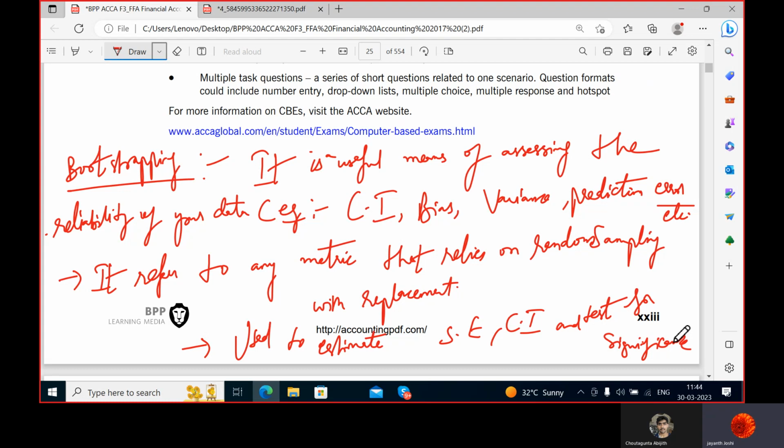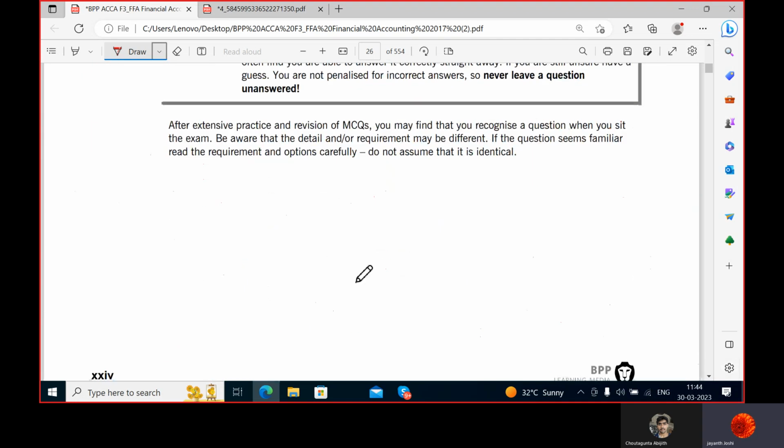If I take some marbles, I can easily show what is with replacement and without replacement. Suppose I have a collection of marbles here, some green marbles, some red marbles, and some blue marbles.